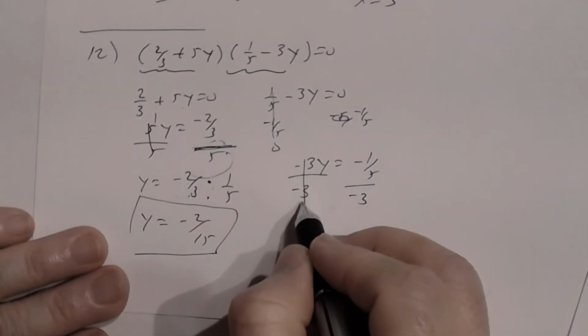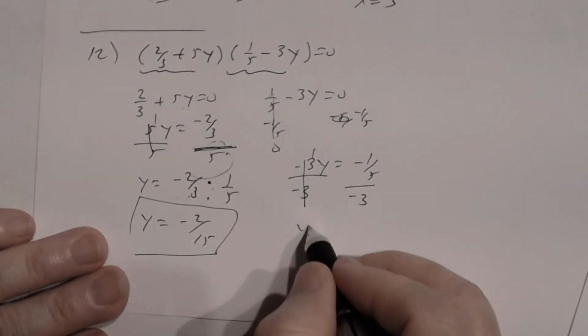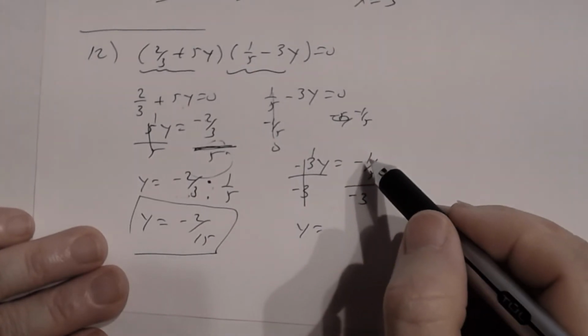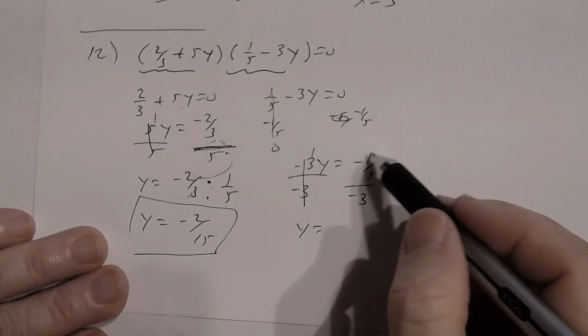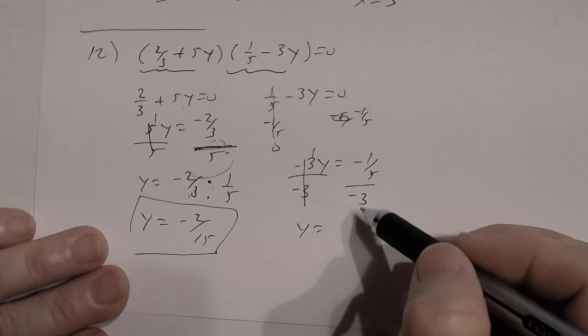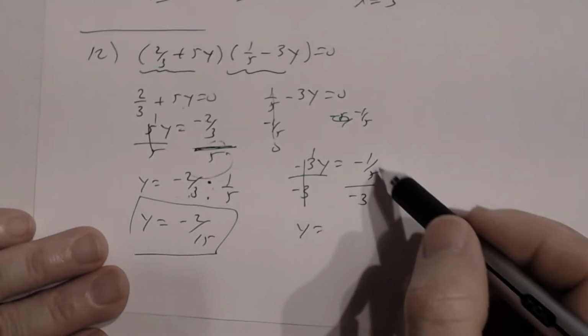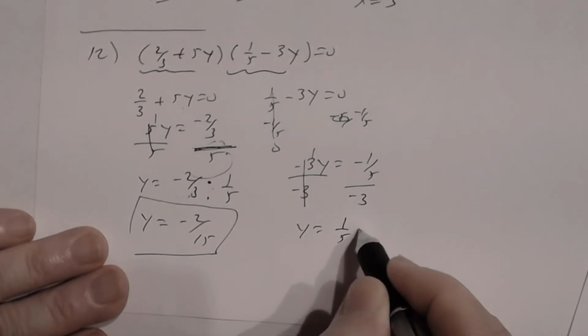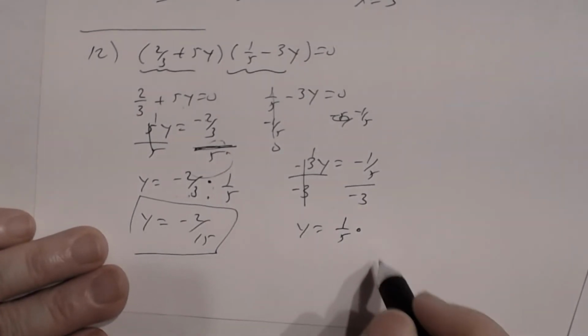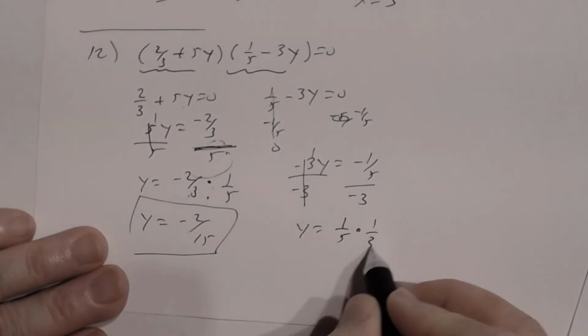And so negative 3 divided by negative 3 is 1. 1 times y is y. Now I want to remind you about something. A negative divided by a negative is a positive. So since I know it's going to be a positive, I'm just going to say this. Y'all agree this right here is going to be the same thing as saying a positive 1/5 times the reciprocal of a positive 3, so 1/3.